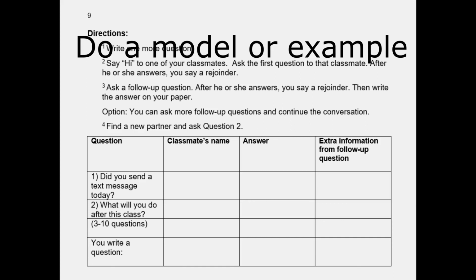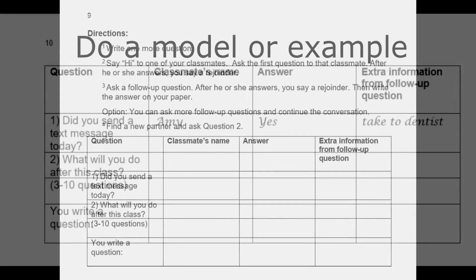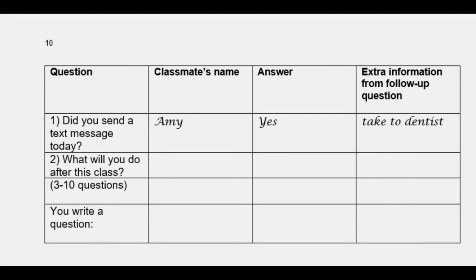And like that, we can continue to have the conversation using rejoinders and follow up questions. And then I fill in the chart. So after that, me as the teacher, I choose another student to ask the second question as a model for how I want them to do that.